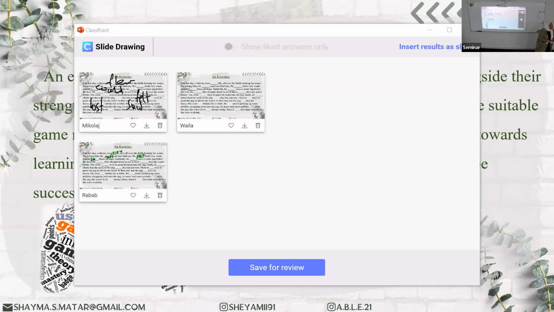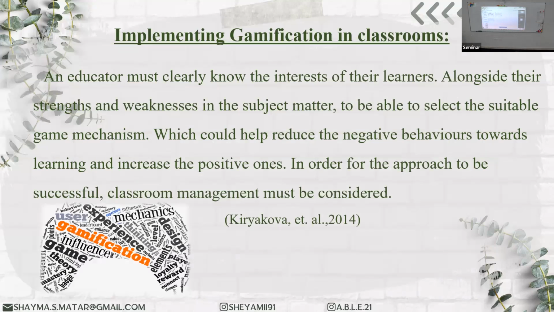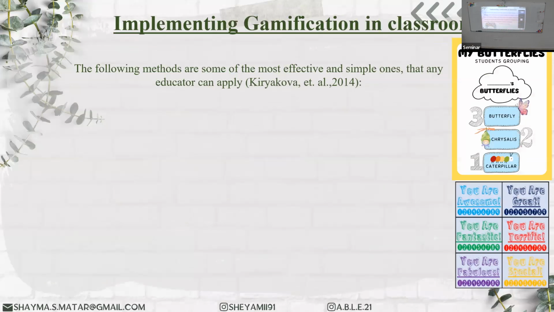So you must know the level of your students, their interests, and their weaknesses and strengths, for your gamification idea to be successfully and effectively implemented.